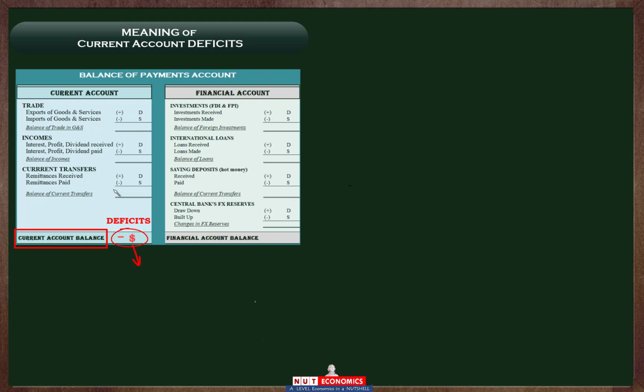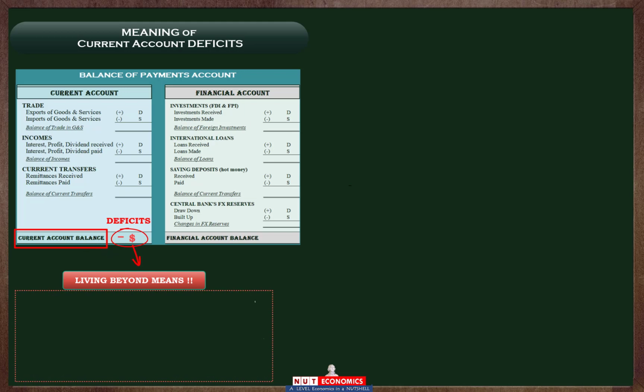What economists say is that whenever a country gets into a current account deficit, that simply reflects that the country is overspending and that the country is living beyond its means. So it is a very interesting explanation, but let me explain what this in turn means. What does it mean to say that the current account deficit is reflecting the country living beyond its means?